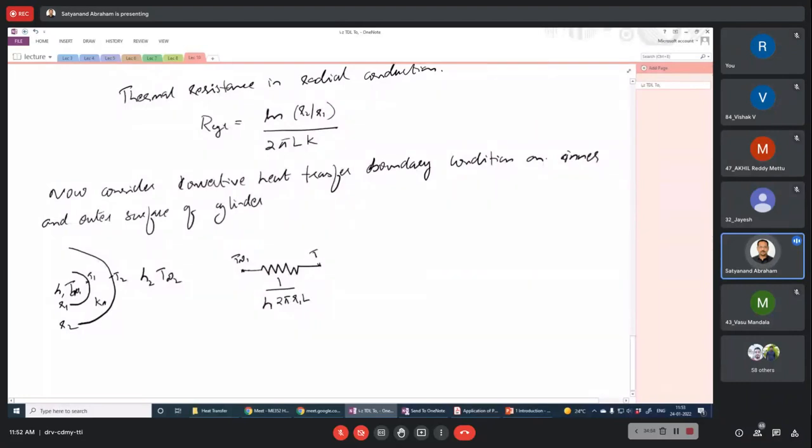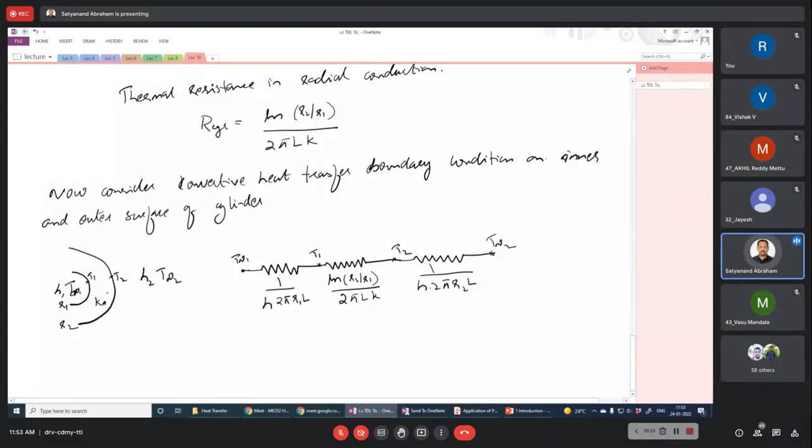After that, it comes to T1, and after that we are going to have the conduction resistance. Conduction resistance is ln R2 by R1 divided by 2 pi Lk. And after that we are going to have the outer temperature T2. After that, again we are going to have the convection resistance 1 by h into 2 pi R2 L, then T infinity 2.